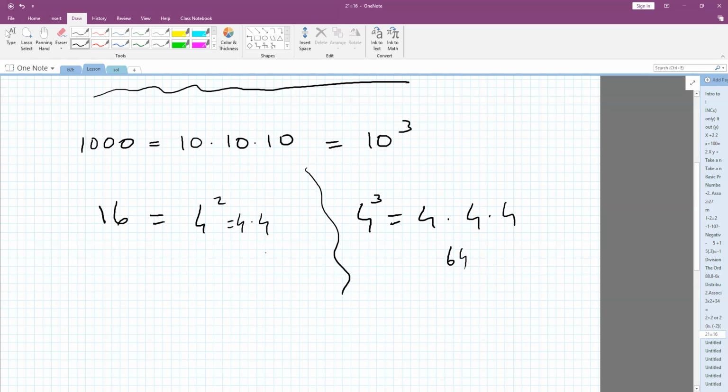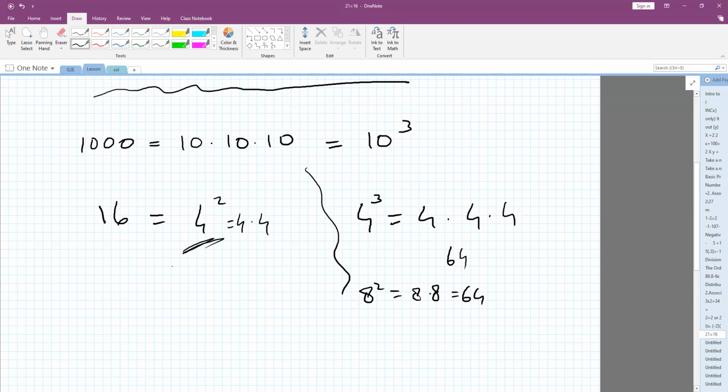Now, can you find another expression that gives you 16? There's also 8 to the power of 2. No, wait, 8 to the power of 2 is 8 times 8, and that's 64. Now, is there any other power that gives you 16?